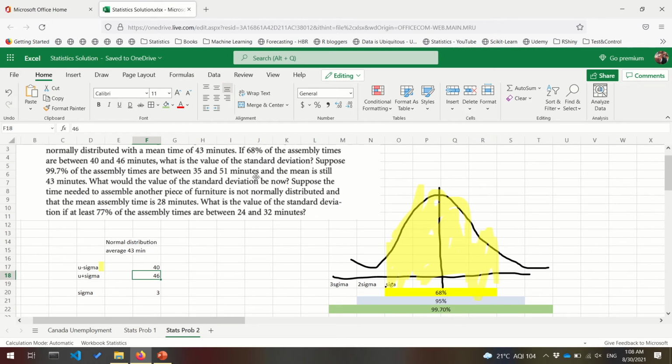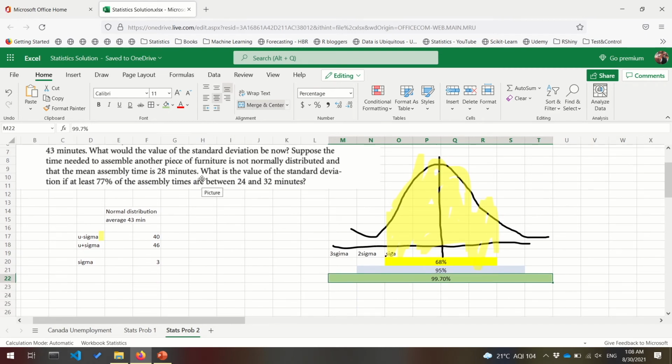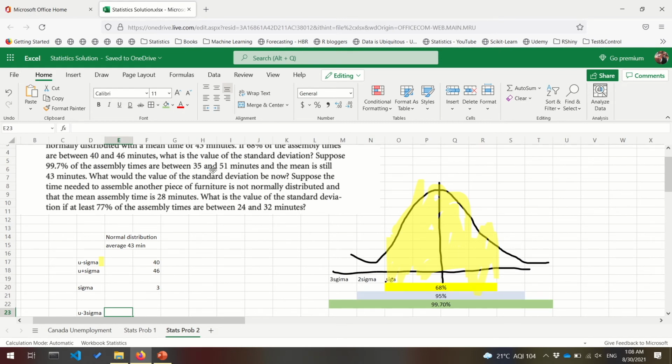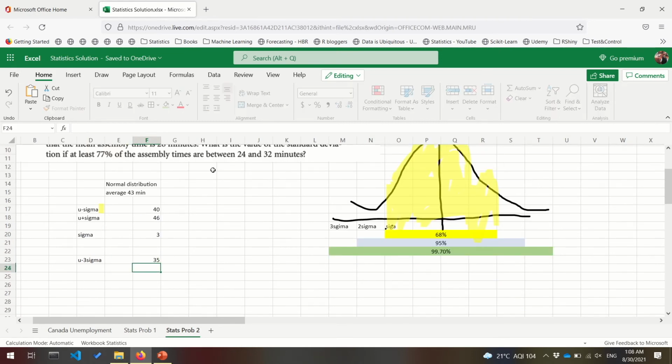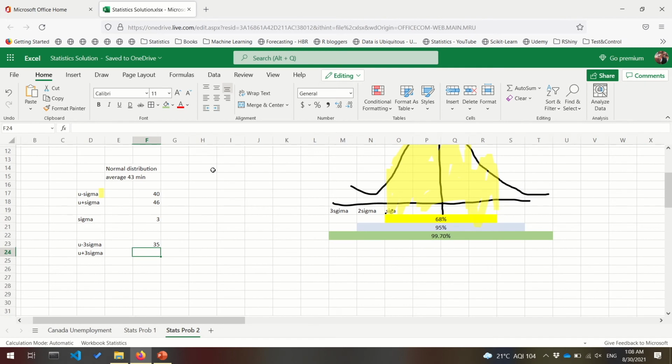Okay? Similarly, suppose that 99.7% of the assembly times are between 35 to 51. Now 99.7% is your 3 sigma, between 35 to 51. So again mu minus 3 sigma is your 35 and mu plus 3 sigma is equal to 51 and your mu is equal to 43.